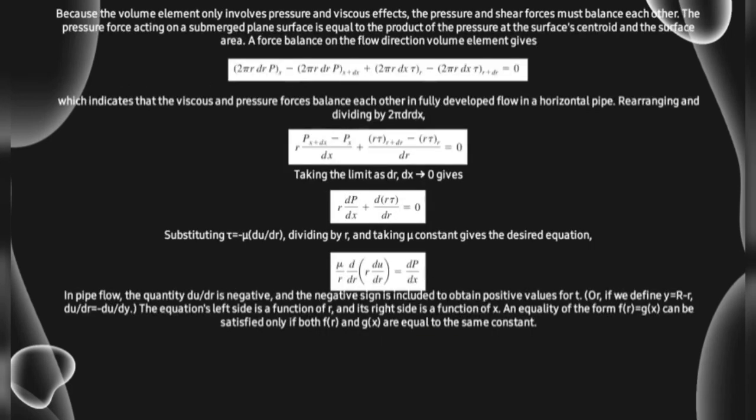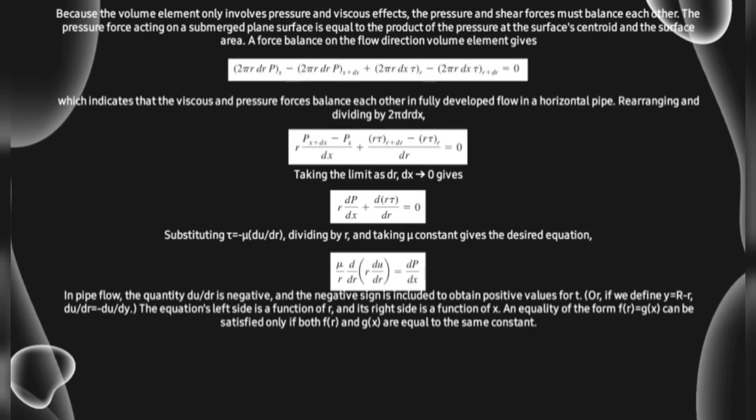Because the volume element only involves pressure and viscous effects, the pressure and shear forces must balance each other. The pressure force acting on a submerged plane surface is equal to the product of the pressure at the surface centroid and the surface area.